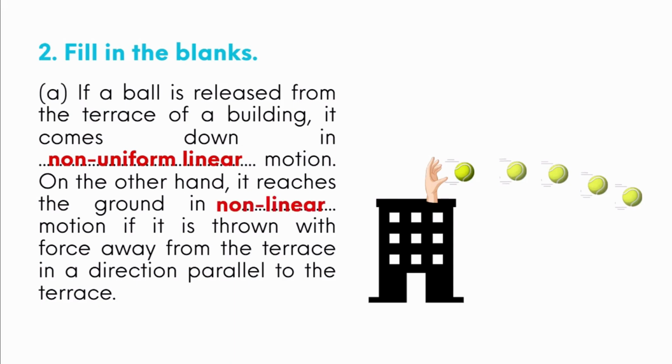It is not falling in a linear path, because this is called non-linear motion. The gravitational force is continuously acting on the ball. That's why the ball passes in a curved path. That's why it is non-linear motion.